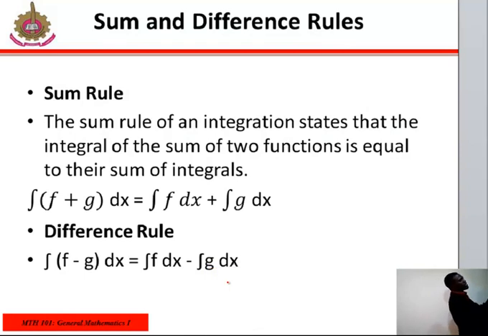Then this can further be broken down into two, that is the integral of f dx plus the integral of g dx. Similarly, the same rule goes for the difference rule, only that the sign will change.